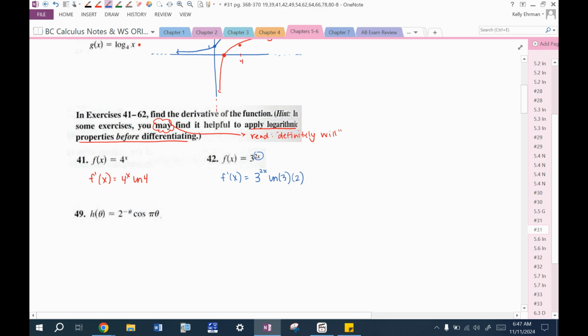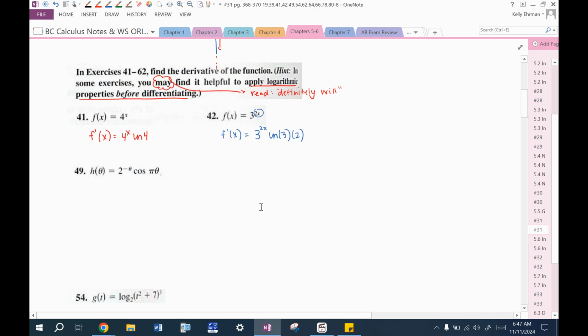For the next one, we have a product rule here. So we have to make sure that we remember to use product rule to begin with. So h prime of theta is equal to first times derivative of the second. So we're going to have to chain in both of these here.